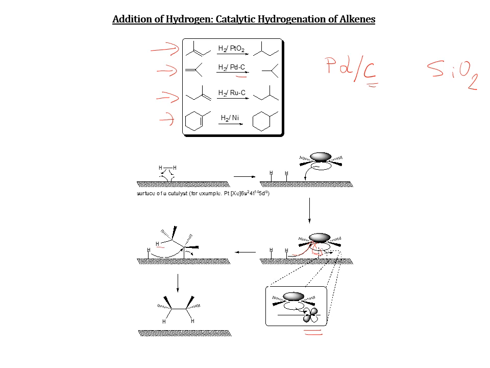The next step occurs so fast that there is no time for rotation about this carbon-carbon single bond. Another hydrogen atom, so soon after the first, very quickly adds to the other carbon of the double bond and displaces the metal's electron pair. The end result is that the two hydrogen atoms, even though they add sequentially, add so fast that rotation about the carbon-carbon single bond does not occur.